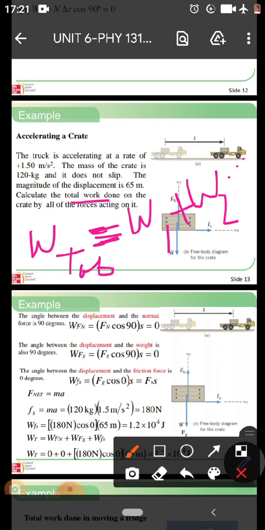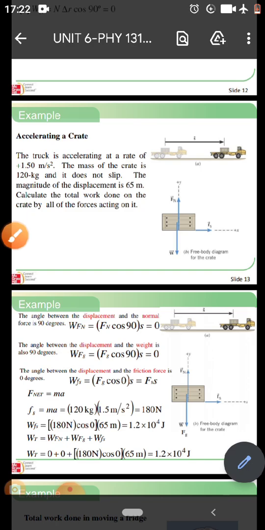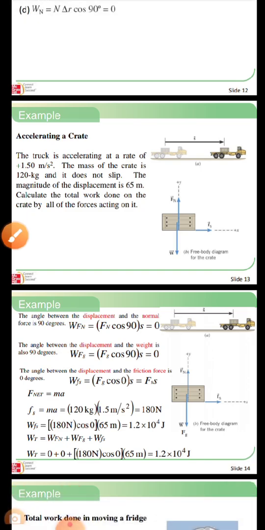In this case we have the work done due to the normal force, the work done due to the weight, and the work done due to friction. Then you sum all the work done. So this is what they obtained.